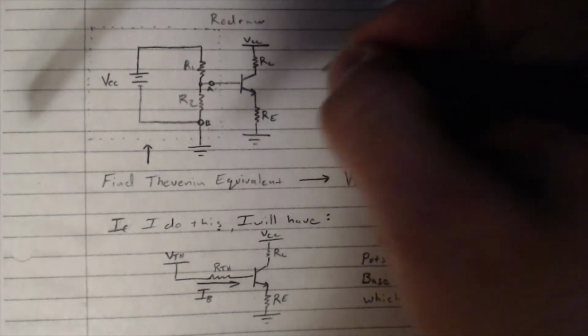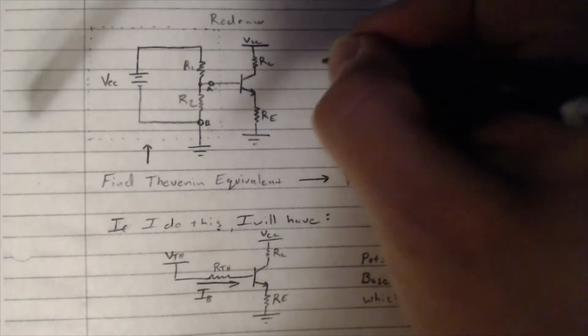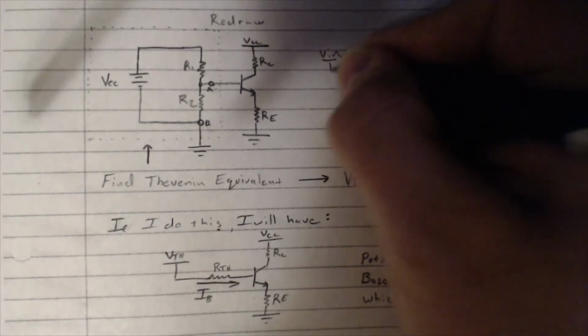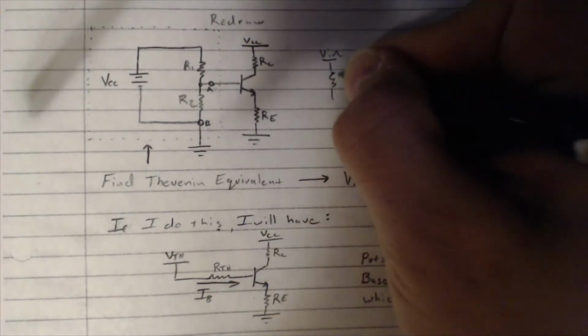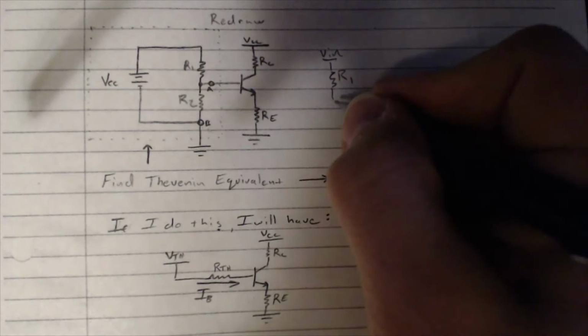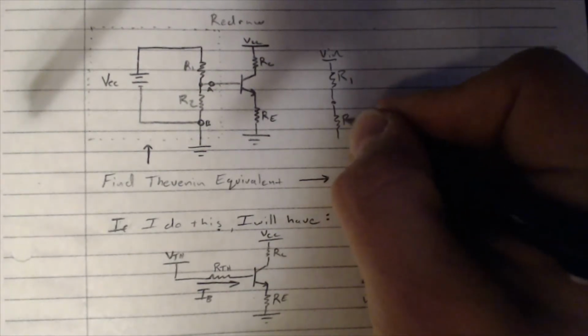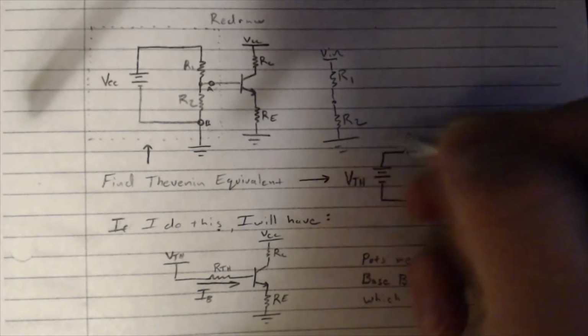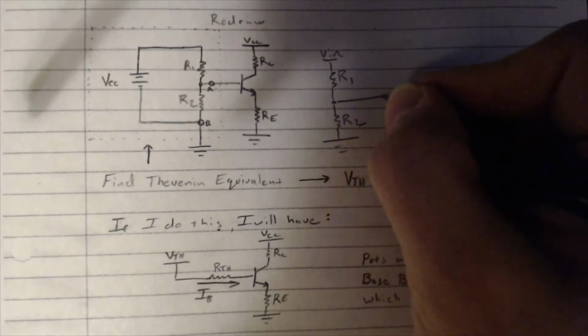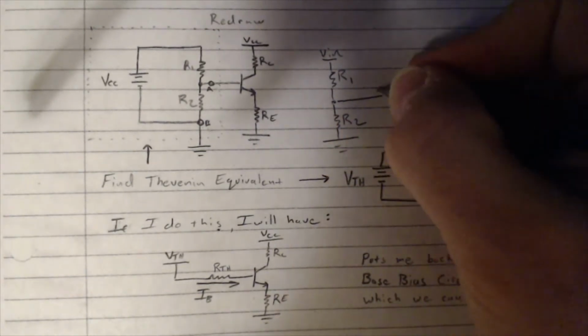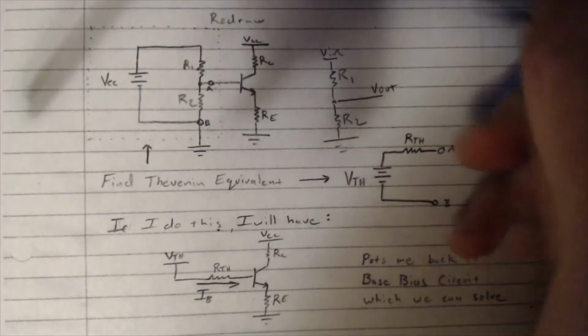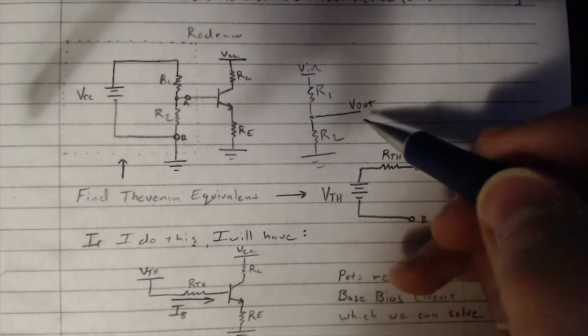So if you think about the voltage divider equation, I'll go ahead and draw this over here. We have a Vin, we have an R1, we have an R2, and we have a Vout, right? This is our voltage divider.